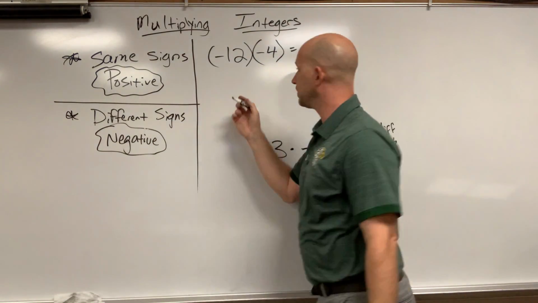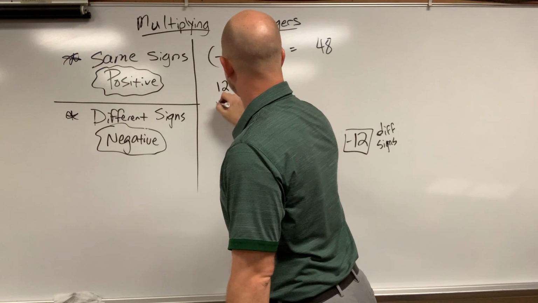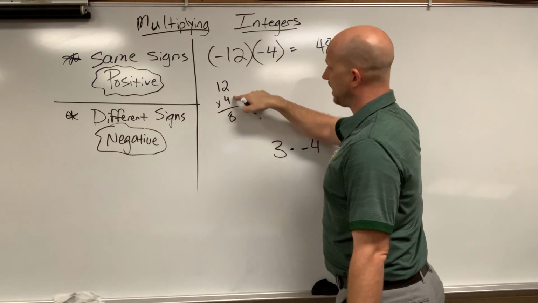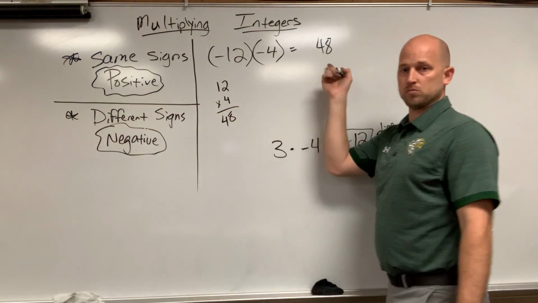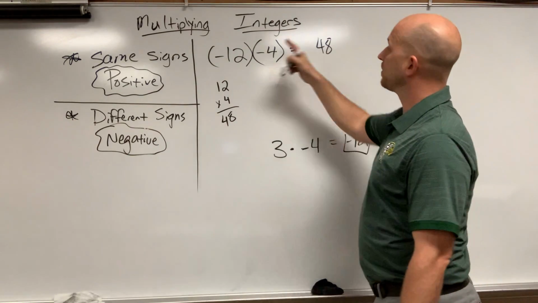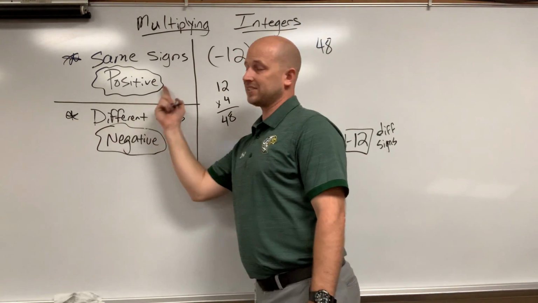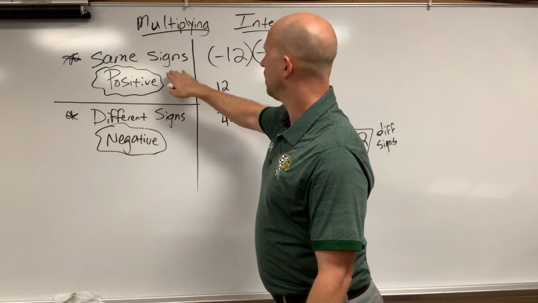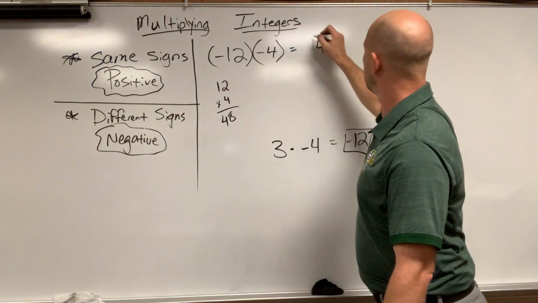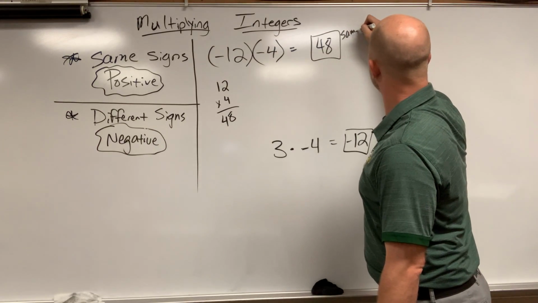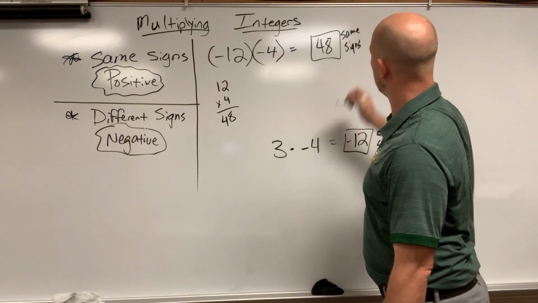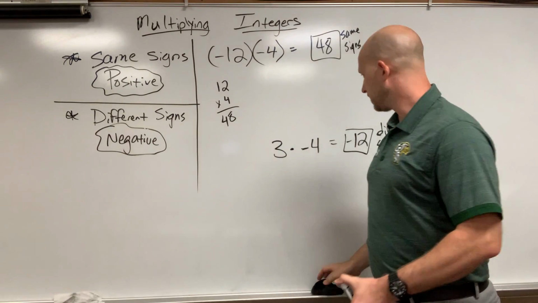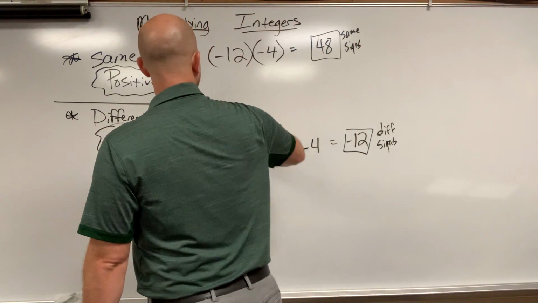If you don't know how to do that in your head, that's okay, write it out. 4 times 2 is 8, 4 times 1 is 4. That's our answer. Now look at our signs. The signs are the same, they're both negative. A negative times a negative is a positive, because they're the same sign. So we're done, same signs. Let's do one more and then we'll call it.